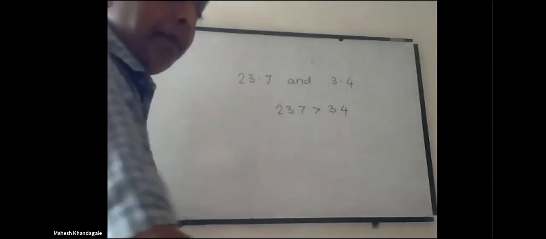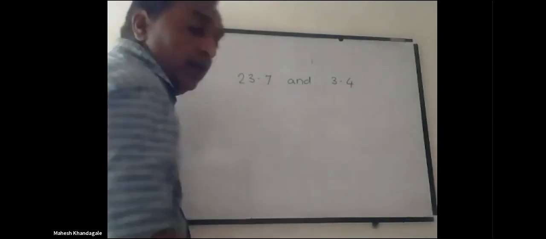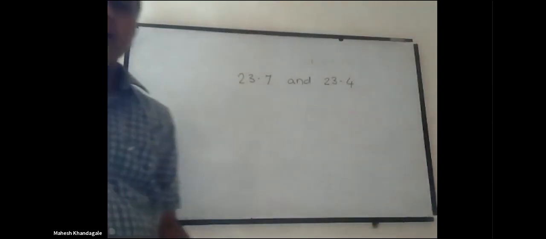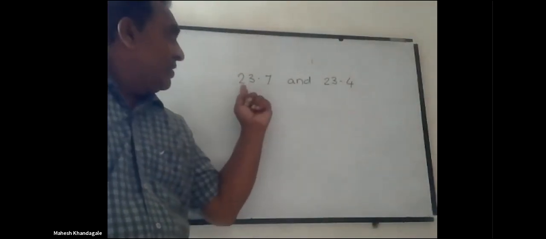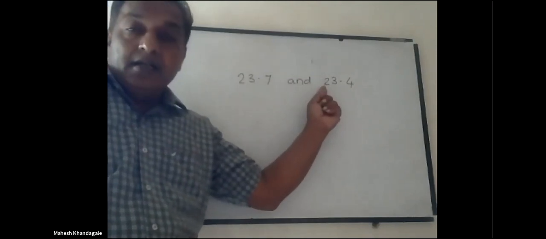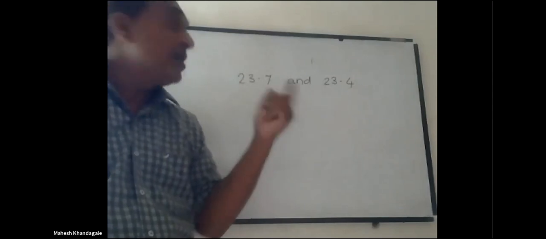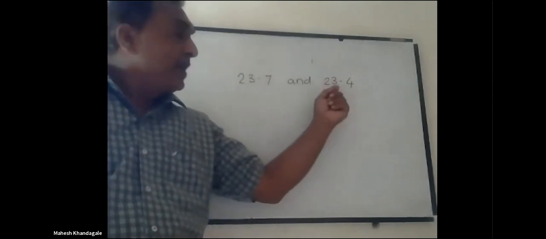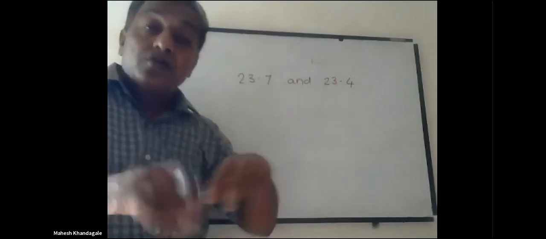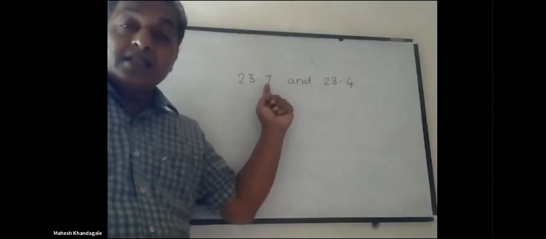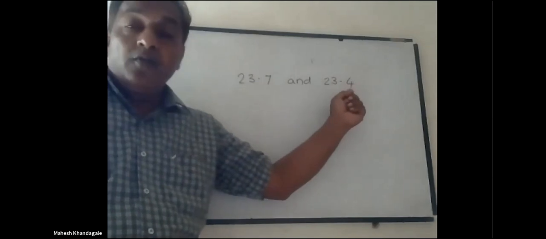Correct? But if the whole parts are equal, like this, we check further. Tens digits are equal, so we move to the ones digit. Here there is 3, here 3, both are equal, so we move to the next digit towards the right. So here comes 7, here 4.